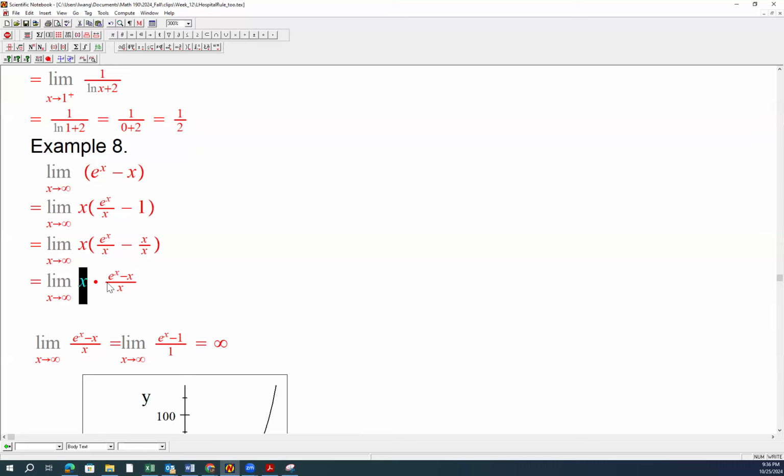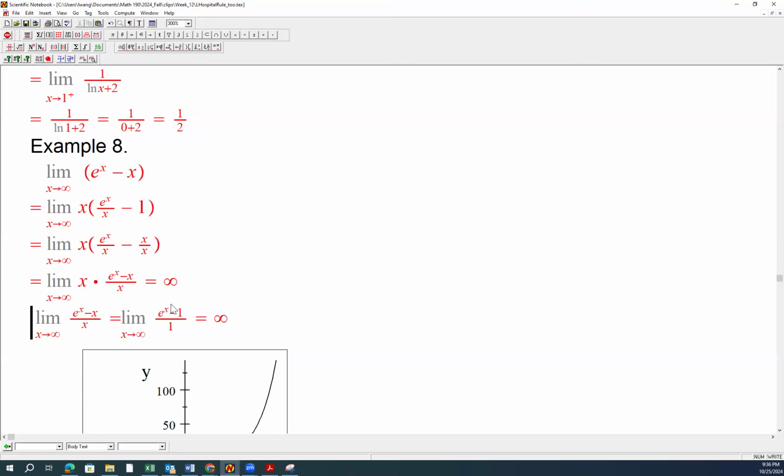So infinity multiply infinity is surely going to be infinity. Infinity minus infinity, we don't know. But infinity multiply infinity is surely infinity.